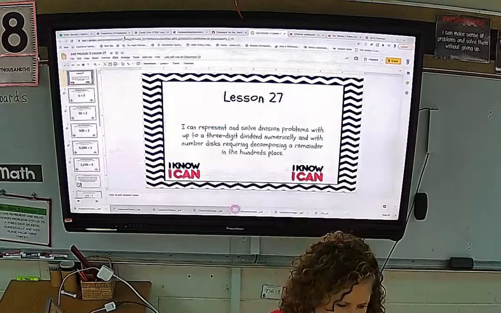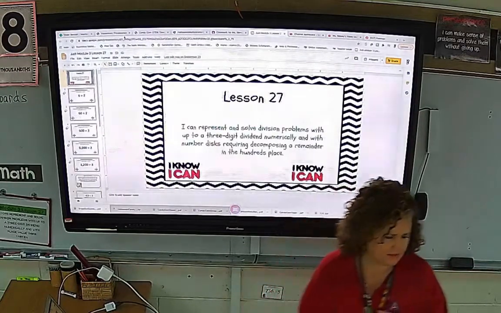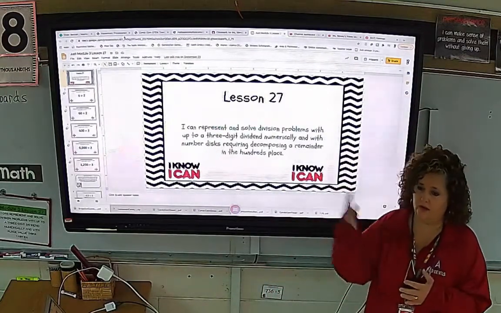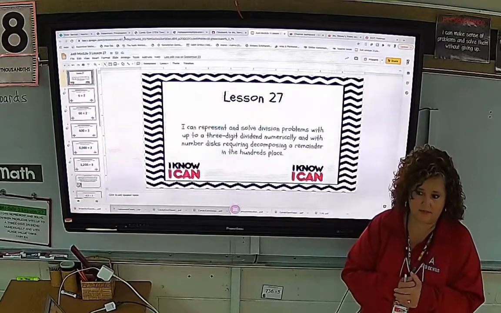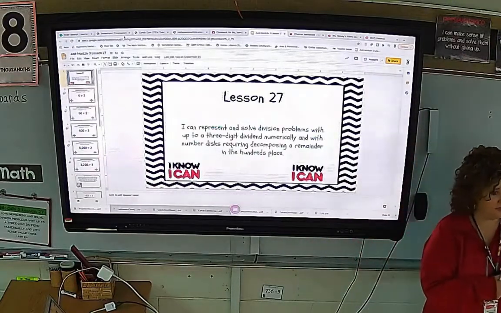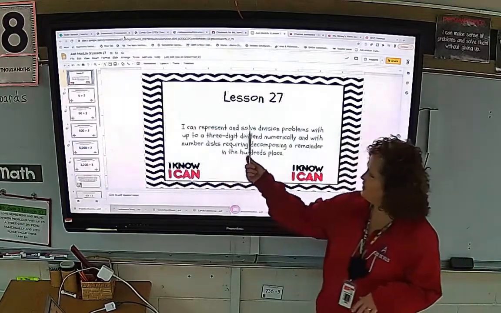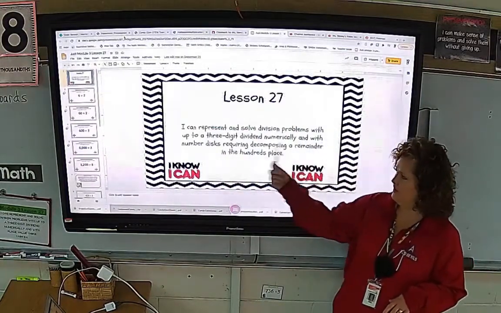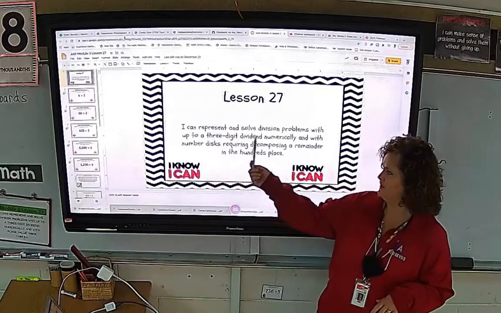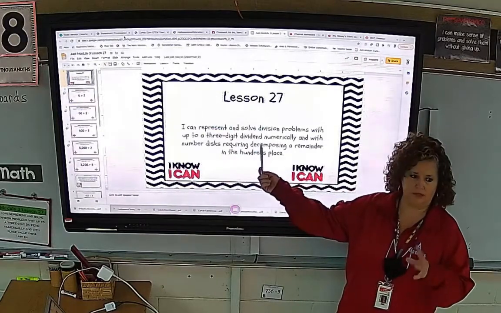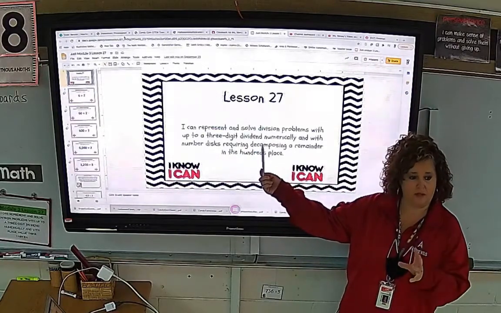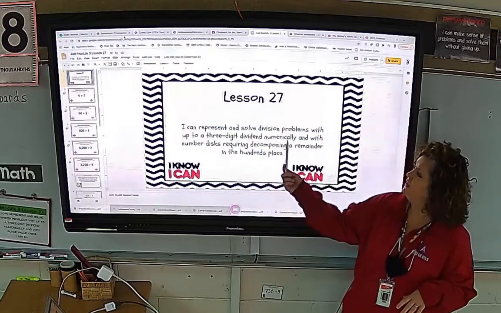I moved a little faster on that than the book did, and that's okay because you were ready for it. And now today's going to feel a lot simpler because you know how to do this. It says I can represent and solve division problems with up to a 3-digit dividend. So we could see a smaller dividend, but it could be as big as 3 digits.